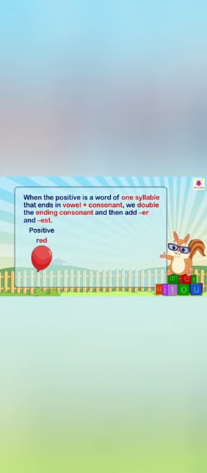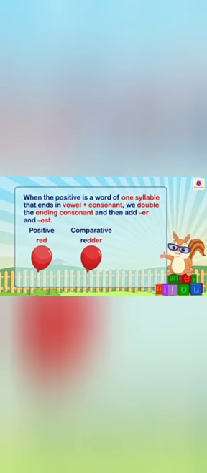When the positive is a word of one syllable that ends in vowel plus consonant, we double the ending consonant and then add er and est. For example, red, redder, reddest.